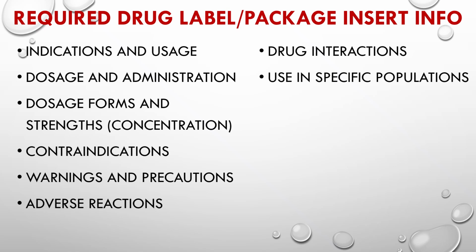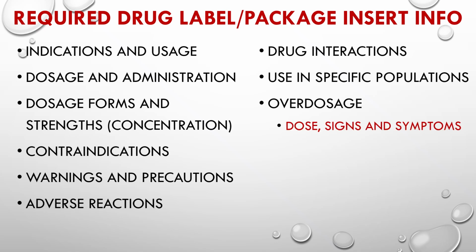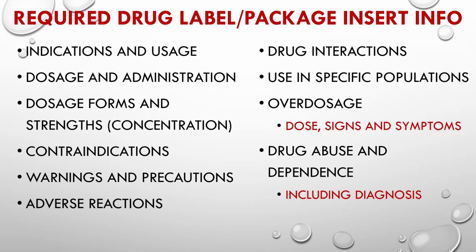Use in specific populations, sometimes there are different ethnicities that react differently to the drug. What happens or the dose at which an overdose occurs, so what are the signs and symptoms to be watching for? And then any information about the abuse and possible dependence, including how to diagnose that, is included. And then finally, just the description of the drug itself.